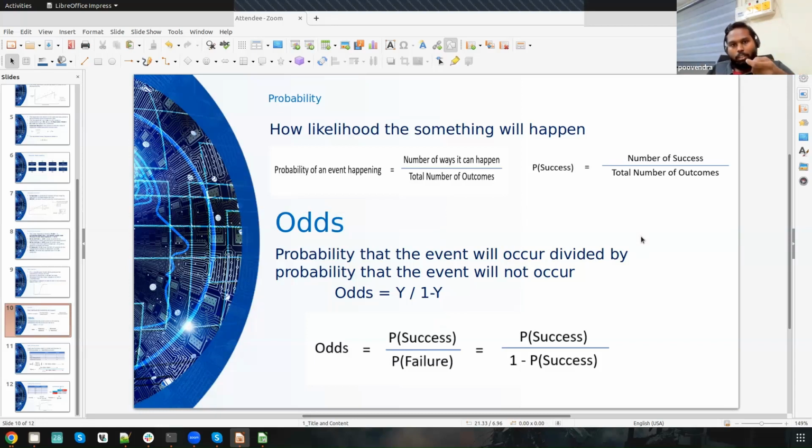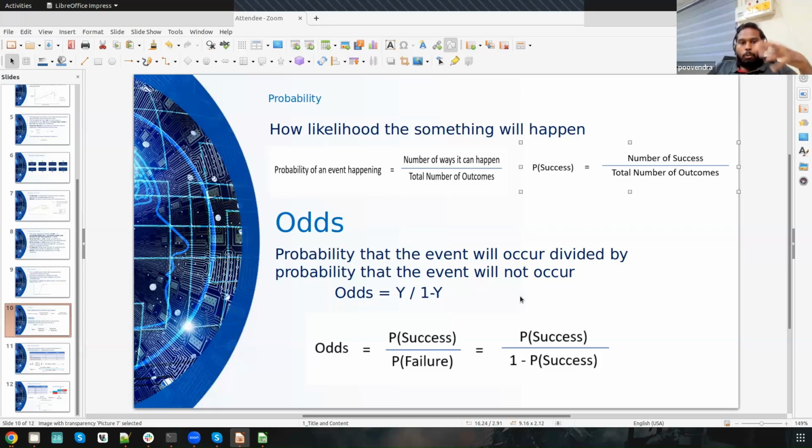If I toss a coin, what is the probability of getting head or tail? The probability of an event happening is the number of ways it can happen divided by the total number of outcomes, that is, the number of successes divided by the total sample space. If I toss a coin, the possibility of getting head is 1 by 2, and of getting tail is 1 by 2.